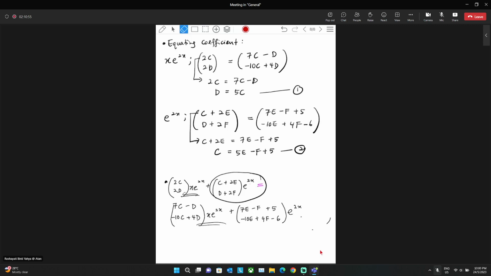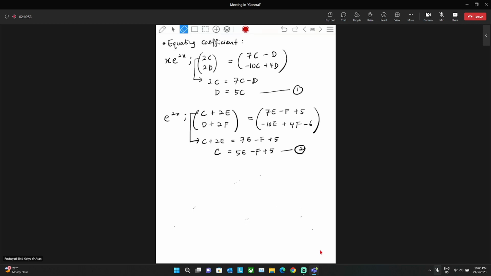Finish for this. Okay, class, for this part quite, oh, okay, wait a moment, a few more steps. So D plus 2F from here, right? And also from here.